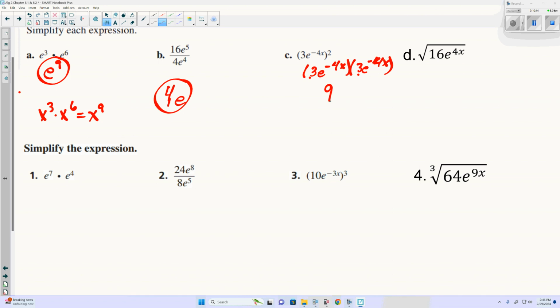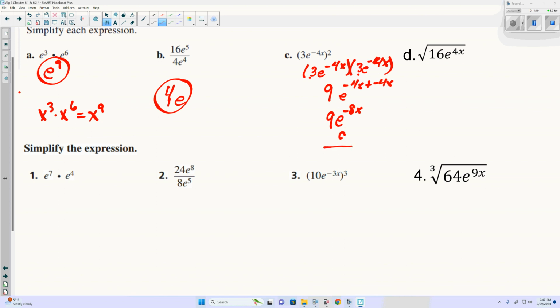So we're really saying 3e to the negative 4x times 3e to the negative 4x. Now we multiply e to the negative 4x by e to the negative 4x. Whenever we multiply like bases, we add the exponents. Well, negative 4x plus negative 4x is negative 8x.